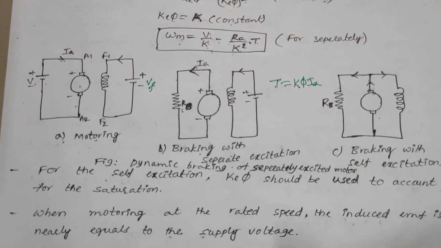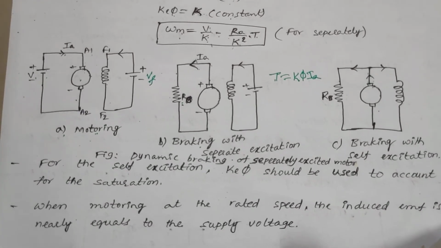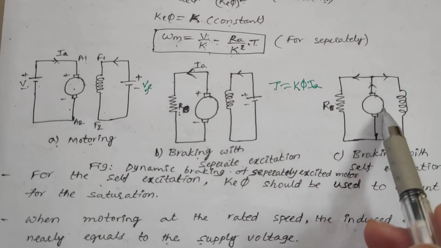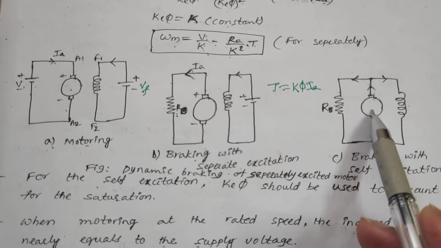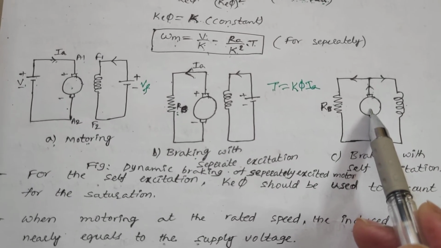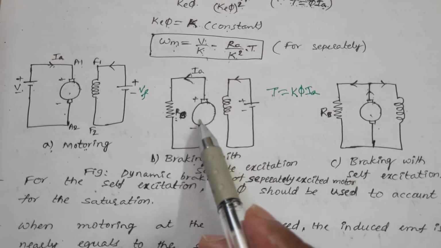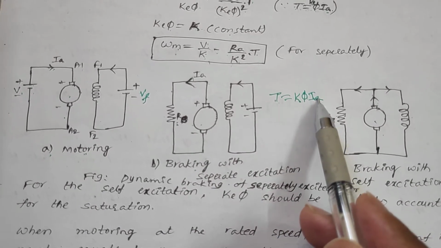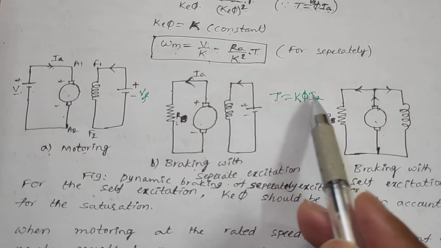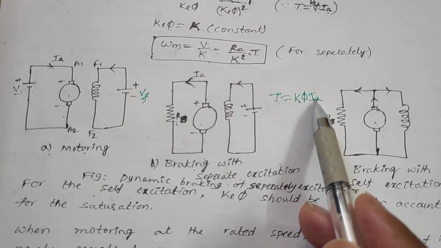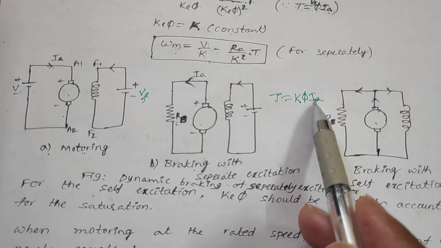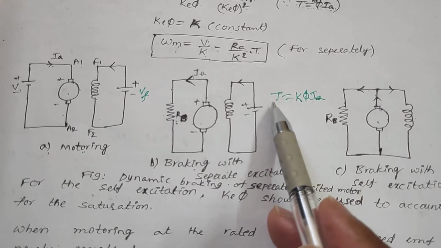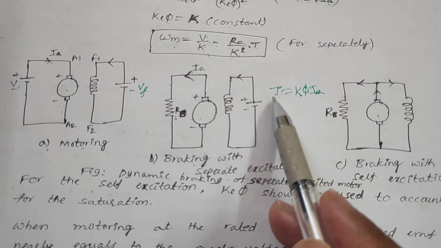For the self excitation, generally your field winding is in parallel with the armature. That's what we have seen, and it is generating with the braking torque because torque T is equal to K phi Ia, right? K phi is constant, so it depends on Ia. If you make Ia negative you get the negative torque, which is nothing but braking torque in this case.